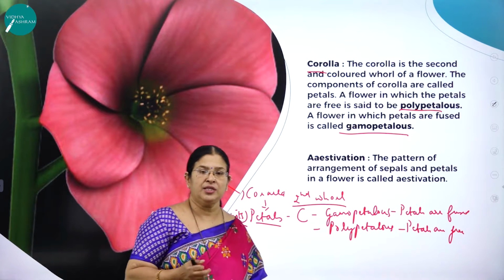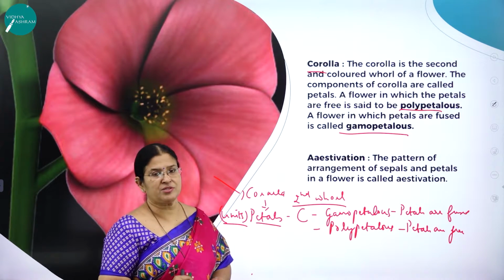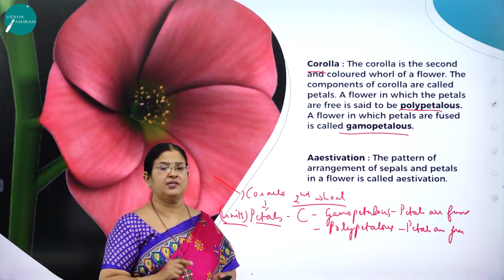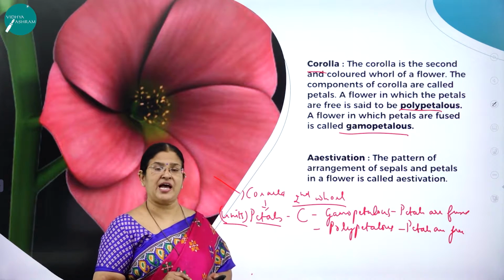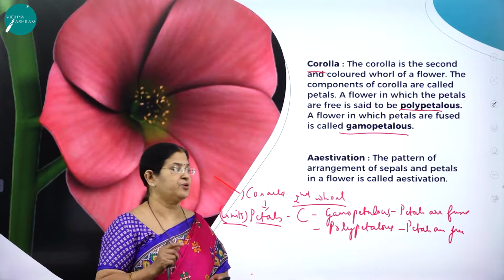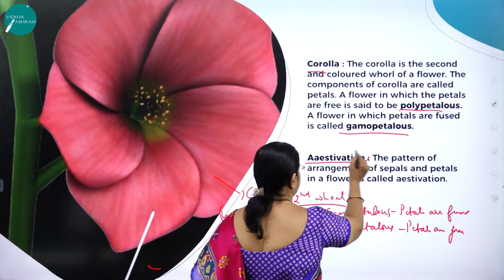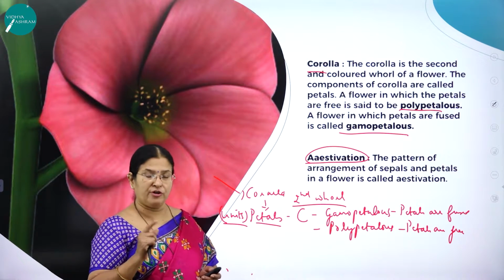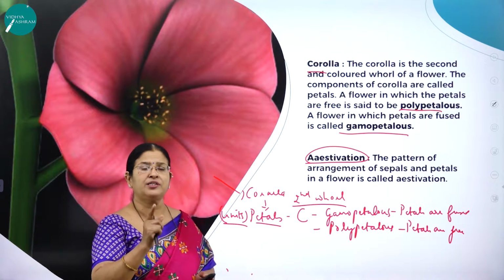Hope you have understood the two very important parts of a flower, namely the calyx and corolla. With respect to calyx and corolla, the arrangement of calyx and corolla with respect to each other is called estivation. Hope you remember, I keep telling that you need to write the floral formula and floral diagram, and how do you draw the floral diagram?